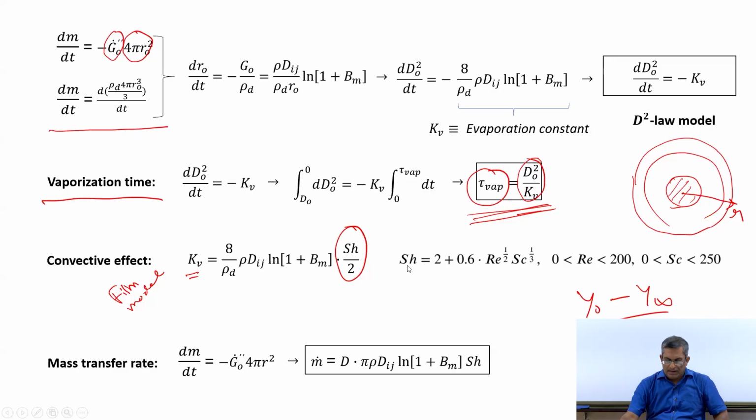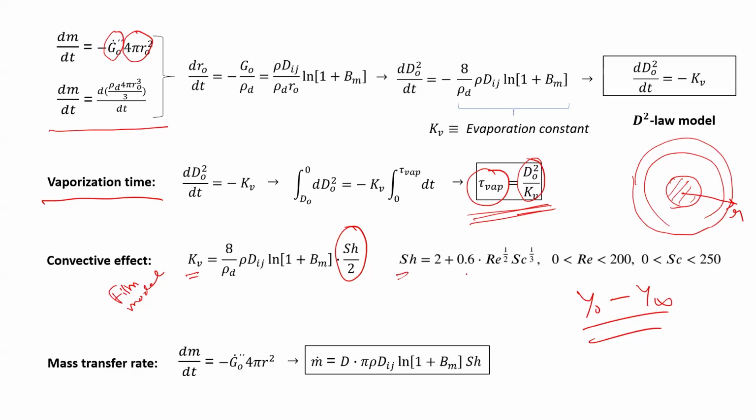There are different models, but according to this model, the Sherwood number can be expressed in terms of Reynolds number and Schmidt number, where Reynolds number definition you know. Schmidt number is the ratio of the momentum diffusivity to the mass diffusivity. Of course, this is limited to this range of these two numbers.